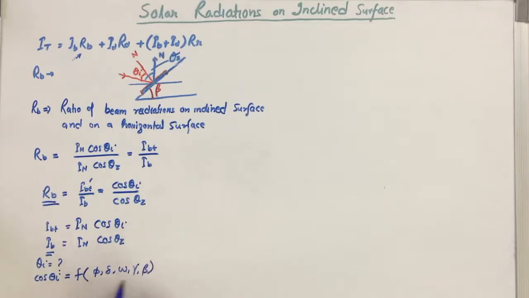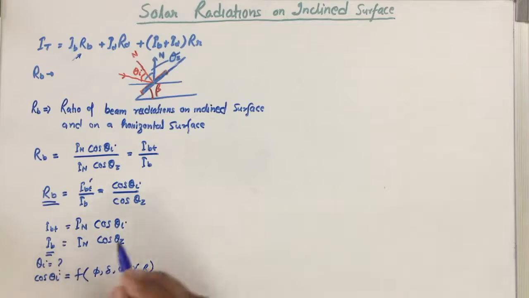So cos theta I was a function of these angles, and we know all of these angles from different discussions. So from here we can find theta I.